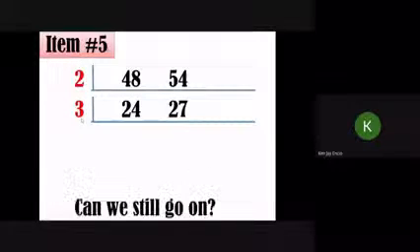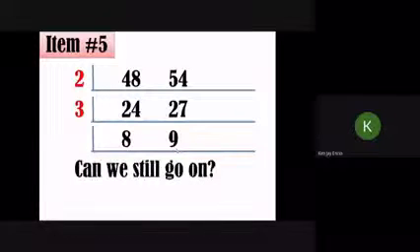Could we still divide 24 and 27? Is there still a natural number greater than or equal to 2 that divides both of them? Yes. In fact, they are both divisible by 3. So you could place here the 3.